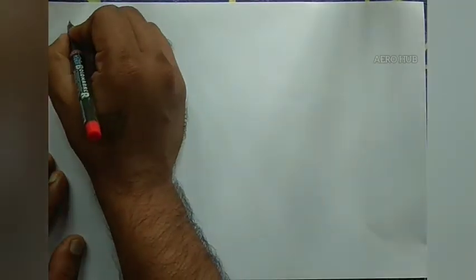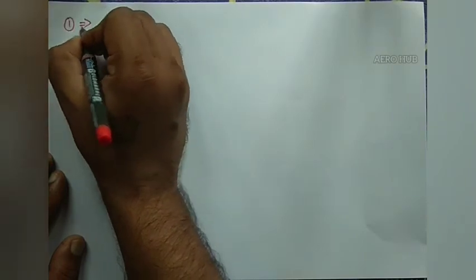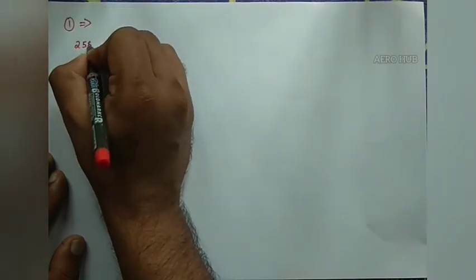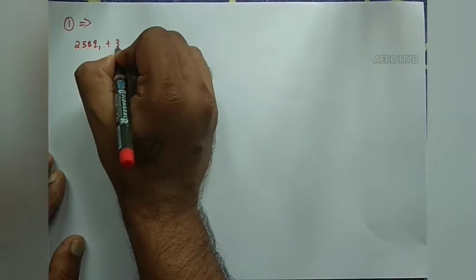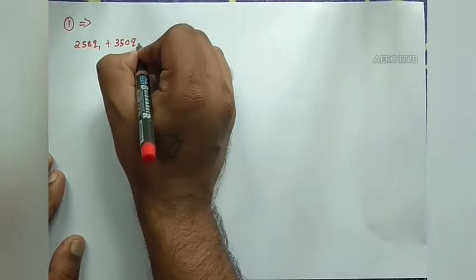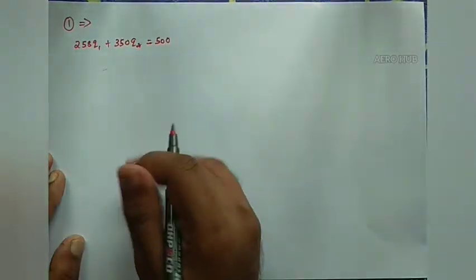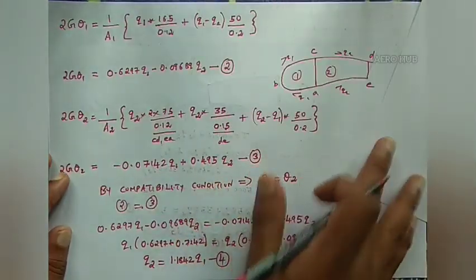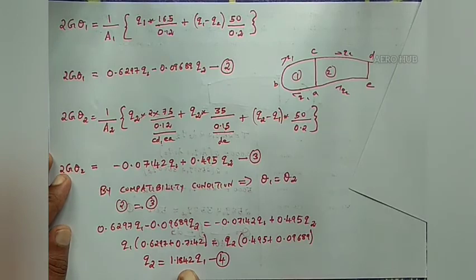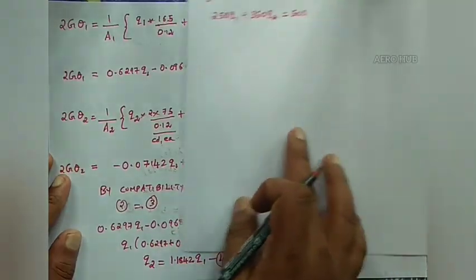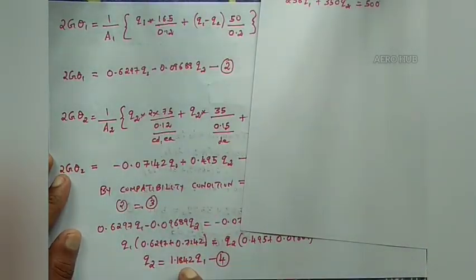We have equation number 1: 258 Q1 plus 350 Q2 is equal to 500. Okay. Now I will substitute equation number 4 in equation number 1. That is, Q2 is equal to 1.1842 Q1.